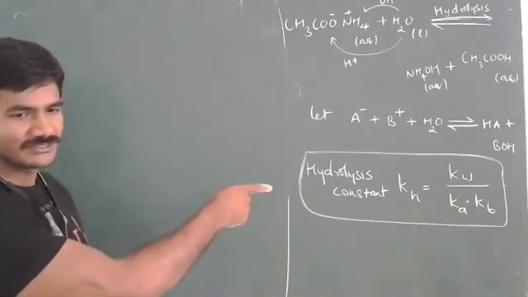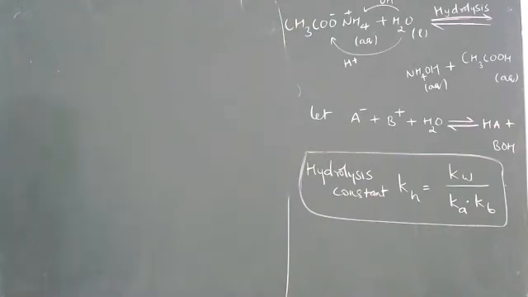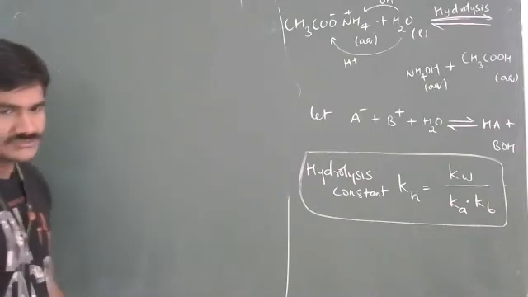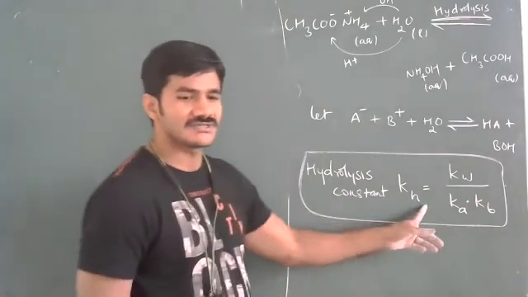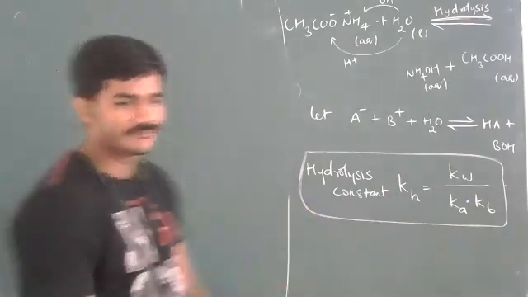Or do you want me to derive that formula? Okay, leave it. So KH, hydrolysis constant, is equal to Kw by Ka into Kb.